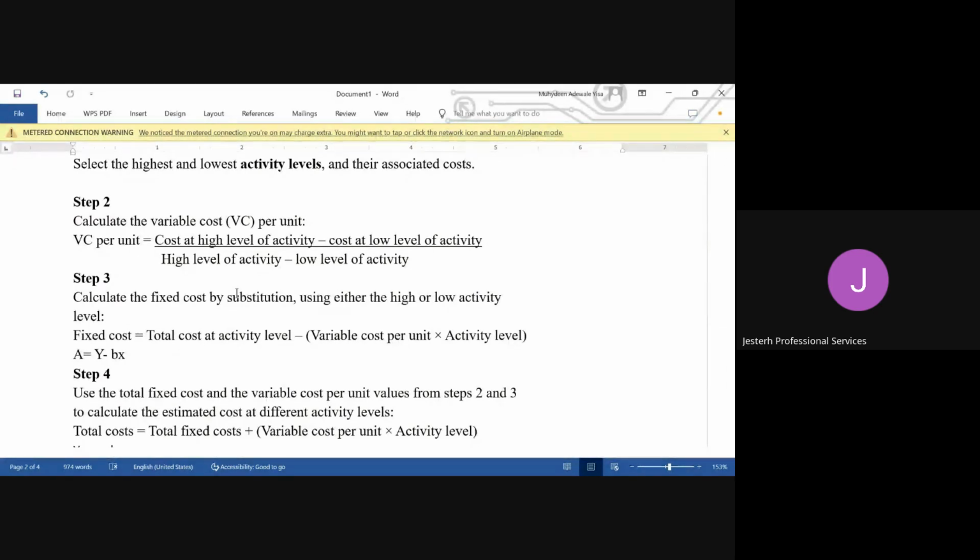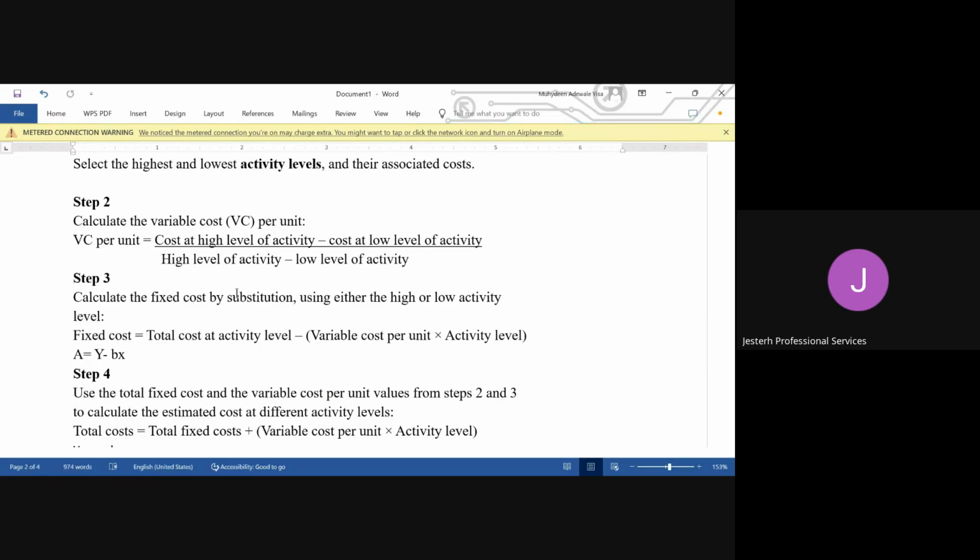And then the third step is we need to calculate the fixed costs associated with this total level of activities by substituting either the high level or the lower level of the activity. You can see the formula.